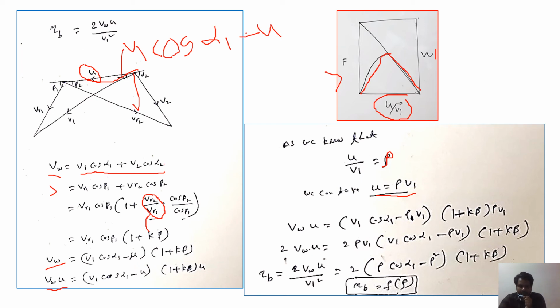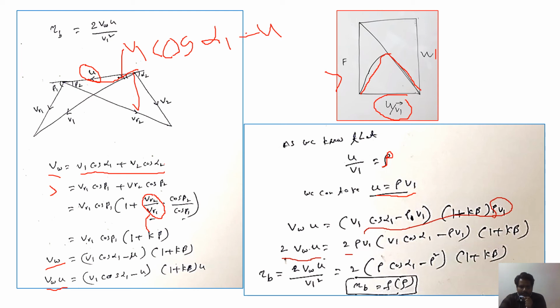Now if you further simplify, multiply by 2 on both sides: 2Vwu equals 2 into rho V1 into V1 cos alpha 1 minus rho V1 into 1 plus KB.